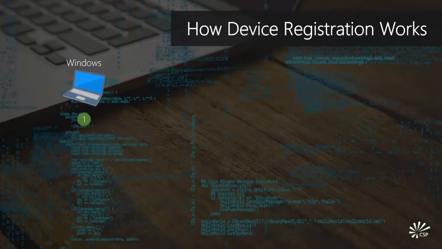So it could be an existing or a new machine. Most likely, this is going to be a username and password. But if you have smart card authentication set up for your on-prem AD, then you can use that instead. Either way, we just need to authenticate to the on-premises domain.